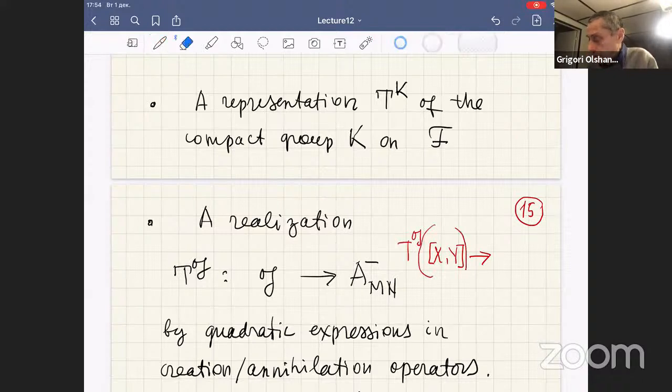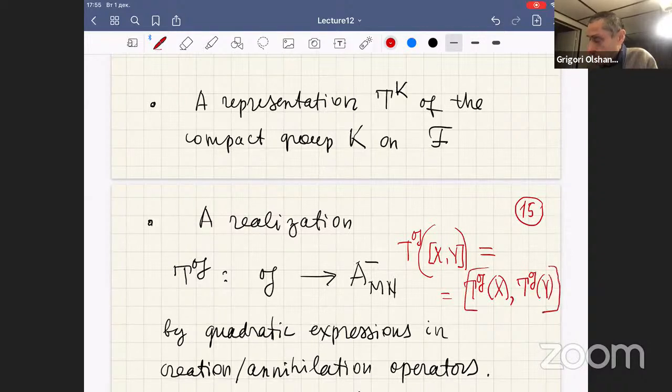Relation as follows. What I mean by a realization is that on the right, we have a commutator in this object.